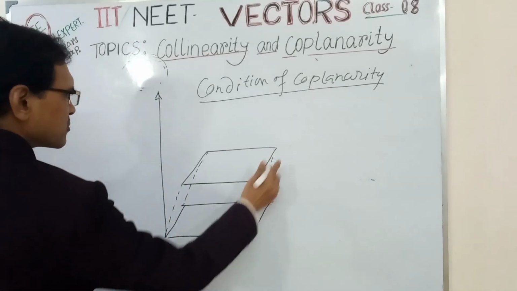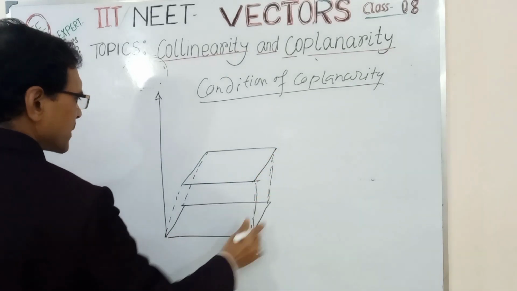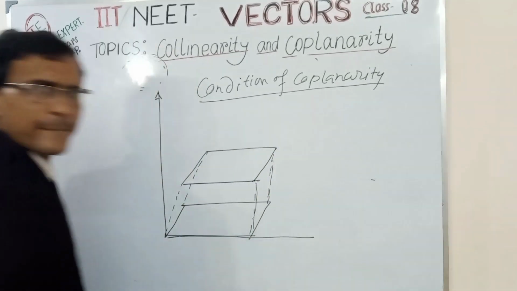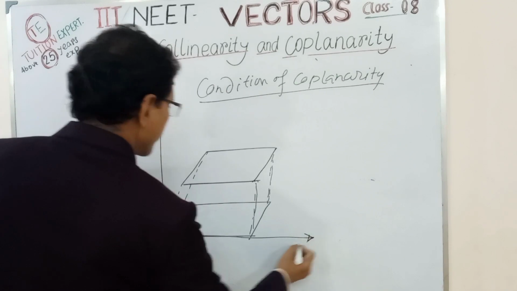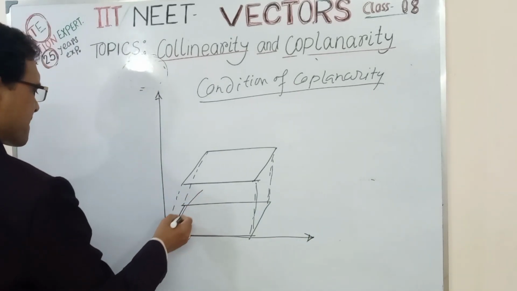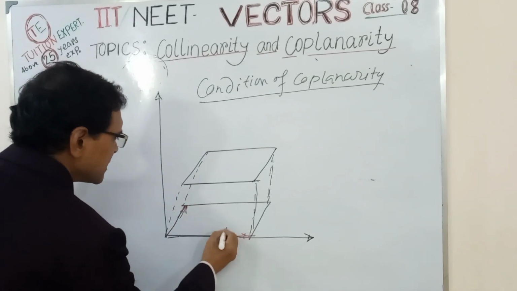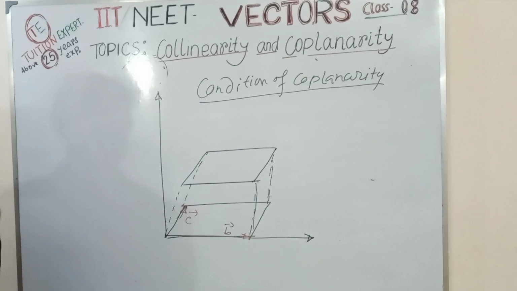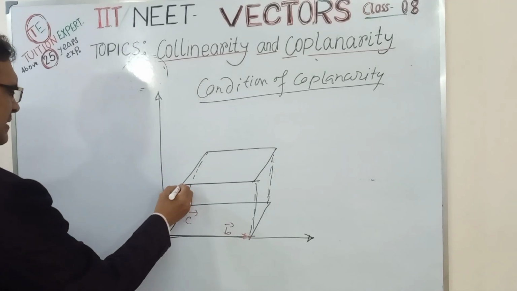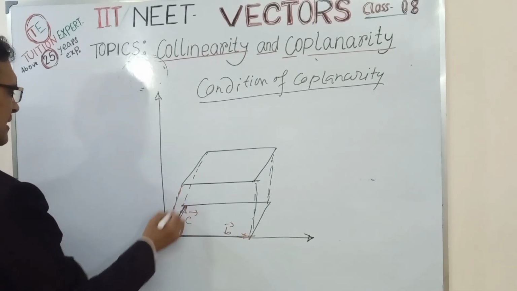Suppose this is a parallelepiped. So here this is side B, this is side C, and another side is A.